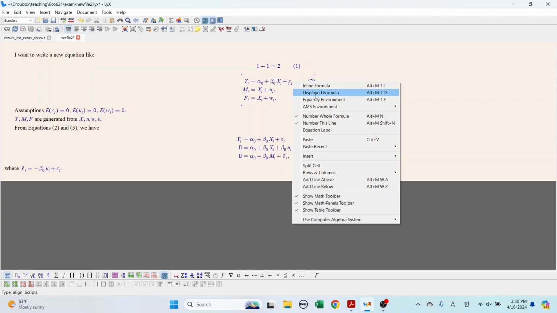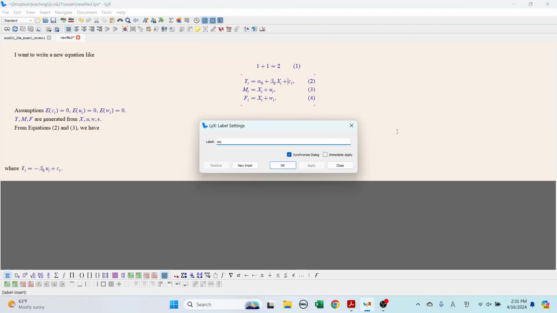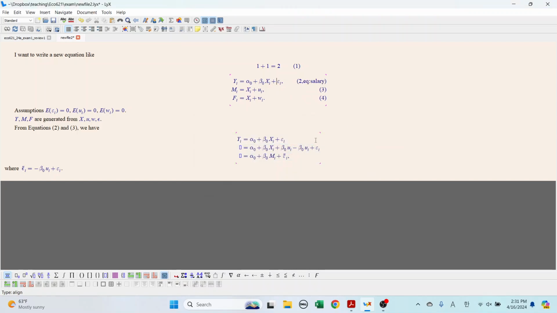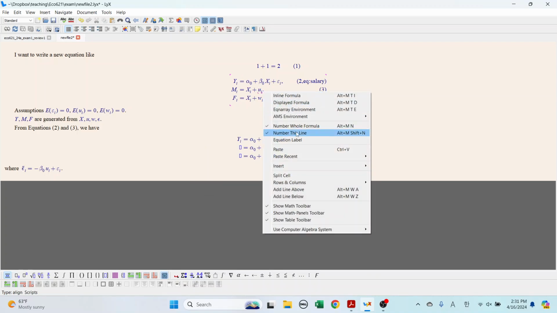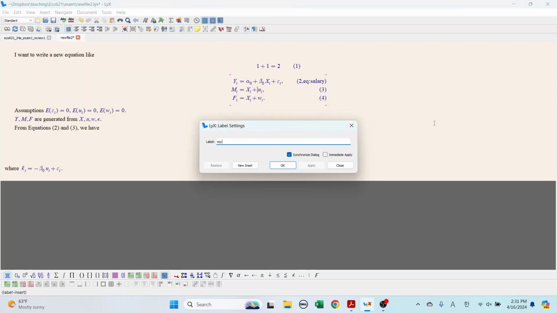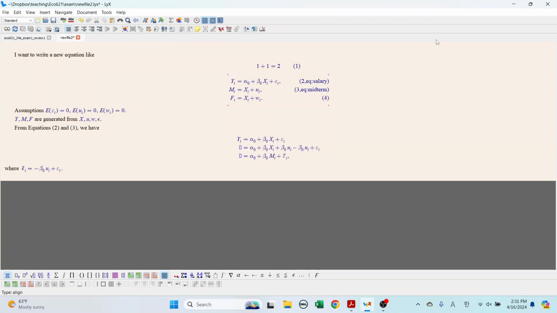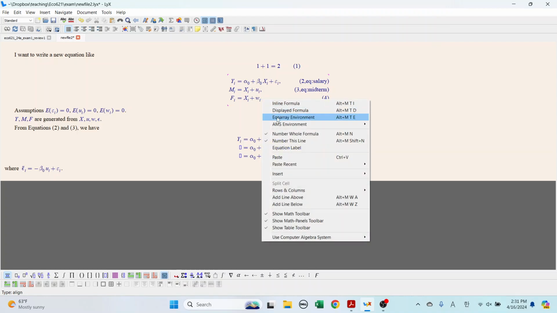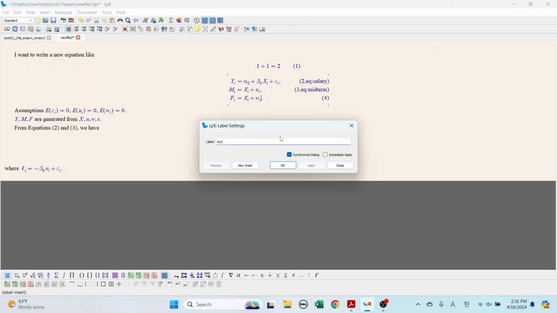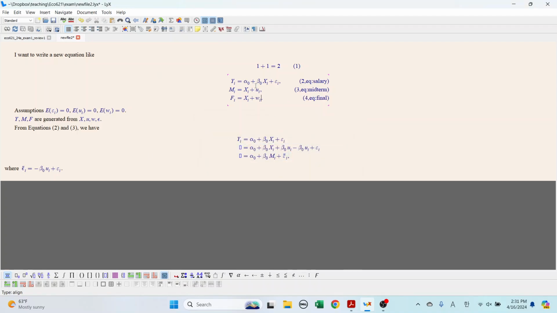I recommend you use equation labels. I will call this the salary equation. And I'm going to label the second equation the midterm equation. So I put names, labels on these equations, and then what I cite here, this number 2, means the salary equation.